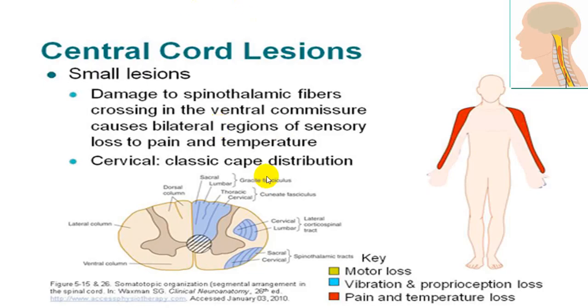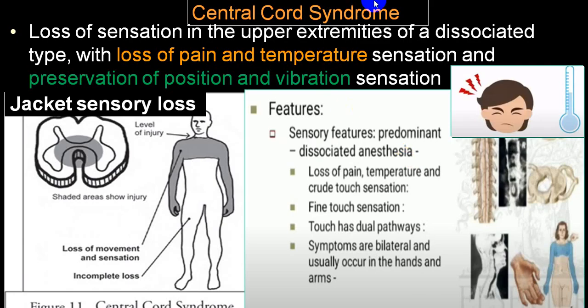In a central cord lesion, we have already mentioned, you will have damage to the spinothalamic tracts, which cross just in front of the central canal. So the classical distribution will be loss of pain and temperature in this area, sparing the posterior column. So the posterior column will be spared while pain and temperature will be lost. That will be characteristic.